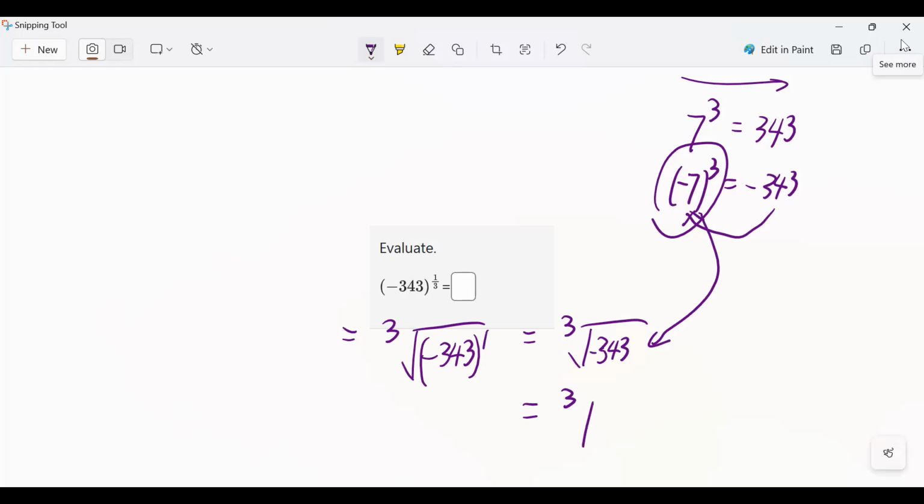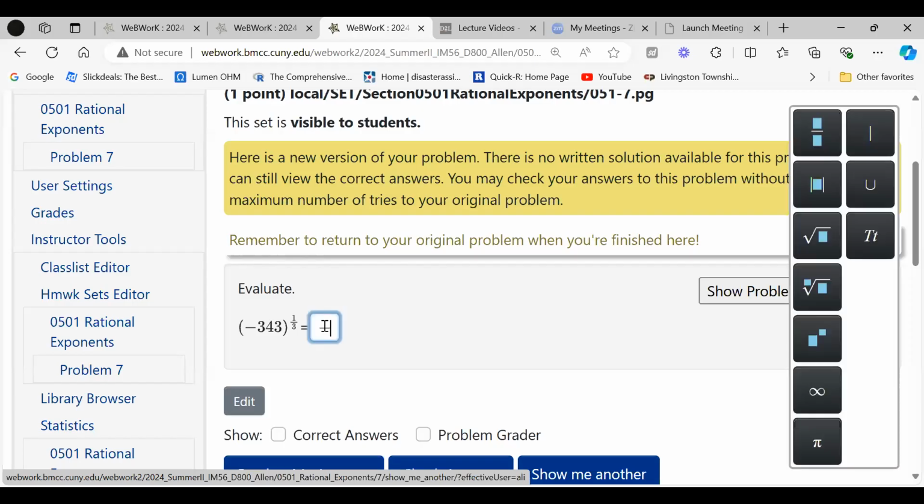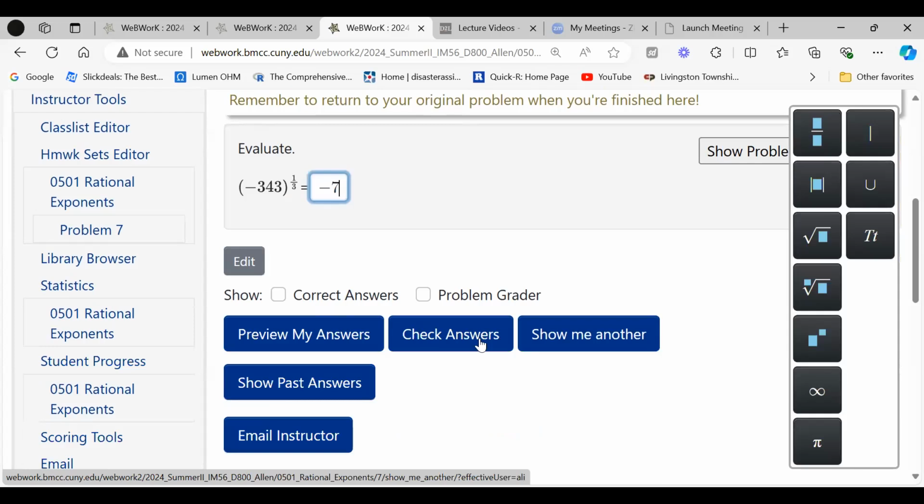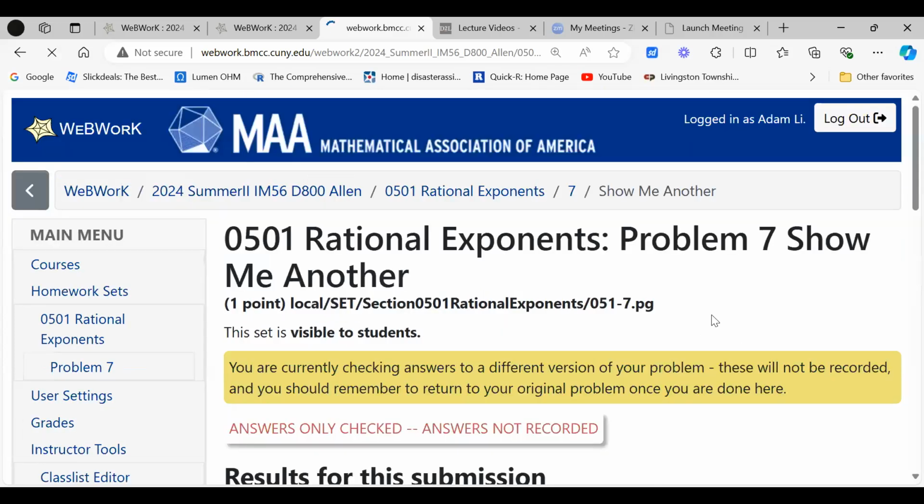So it's the cubic root of negative 7 cubed. And again, cancel the power with the index of the root. That gives us negative 7. So the answer is negative 7. Let's check it. It should be good.